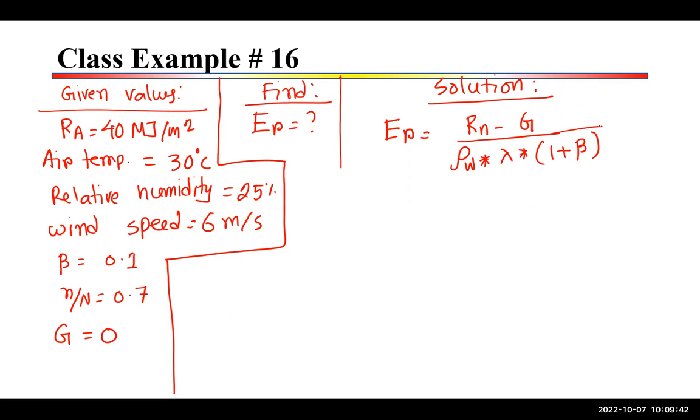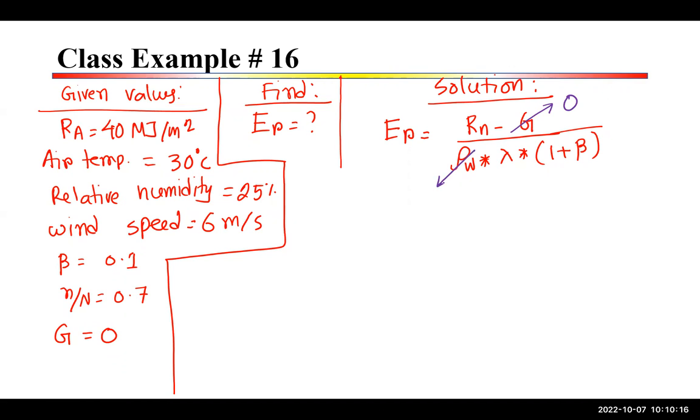This one, right? So we need to find out which parameters we already know and which parameters we need to find out. Rn is obviously related to the Ra, but we need to find that out. Before doing that, let's see if we can cancel any term. So what is the value for G? 0.